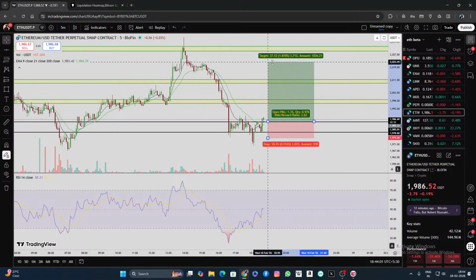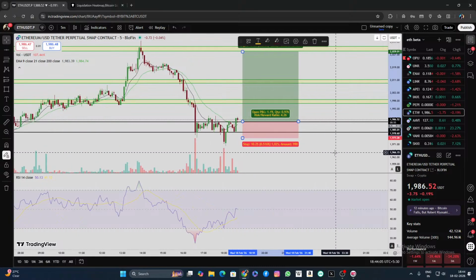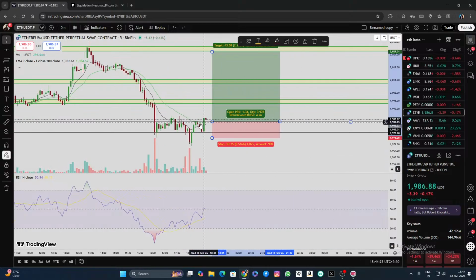Okay, let's keep the TP around here. I will wait until the 5 minute candle closes. Thirty seconds to go.